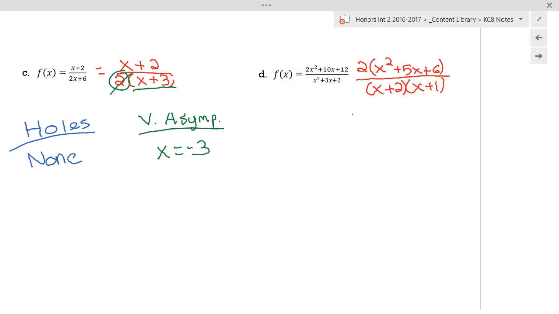Now, again, I need to factor the trinomial on top. 2 times x plus 2, x plus 3, since 2 times 3 is 6 and 2 plus 3 is 5, all over x plus 2, x plus 1.